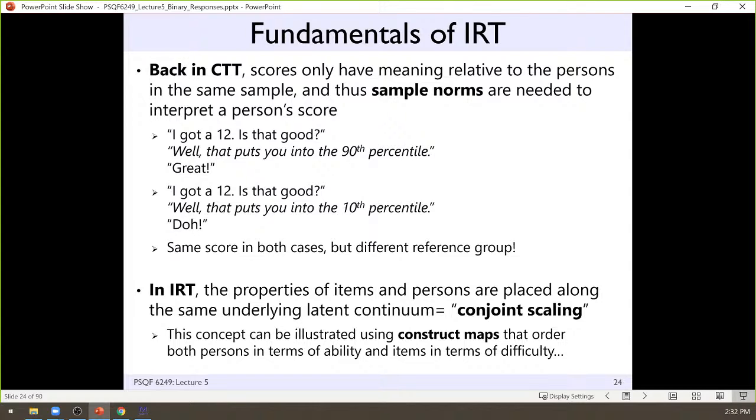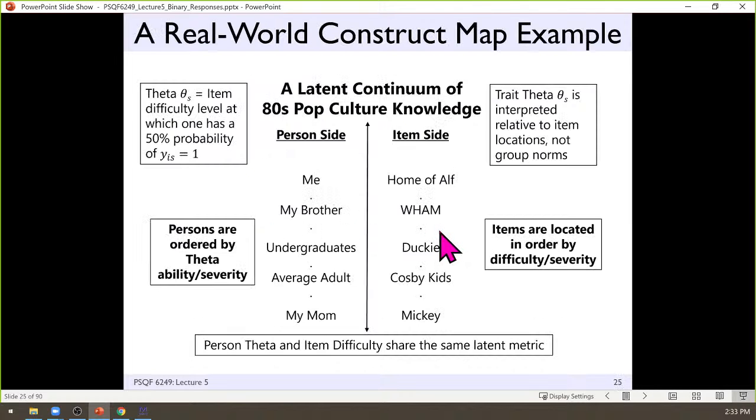So I have to have this additional information to sort of clarify what a given score means. And you don't have to have that additional information if you have people and items sharing the same metric, which is called conjoint scaling. So let me give you an example, not from education. This is an example from my own personal area of expertise. So you know the game Trivial Pursuit? Okay, so the game Trivial Pursuit, you have to answer questions.